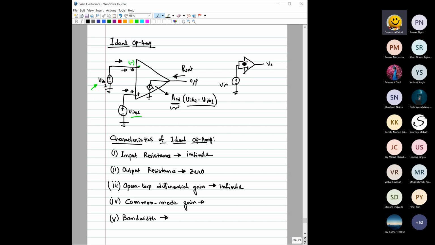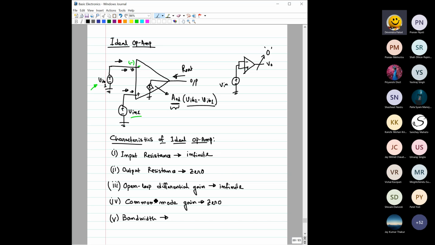Because the same signal has been applied to both the minus and plus terminal, V_in2 is equal to V_in1, so the difference is 0. So for the ideal case, the output is also expected to be 0. That means the common mode gain is expected to be 0 for an ideal op-amp.